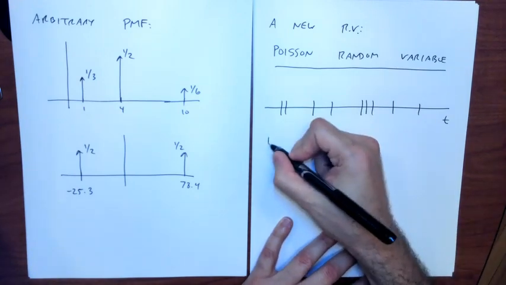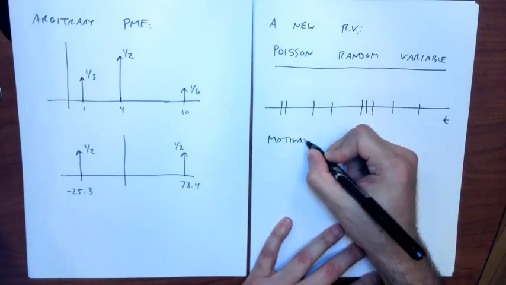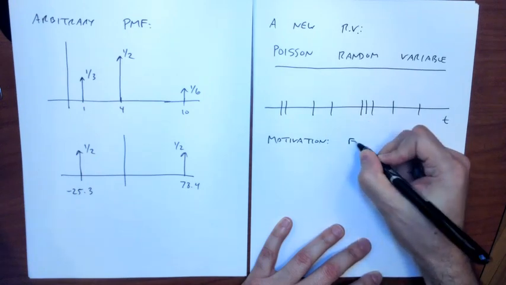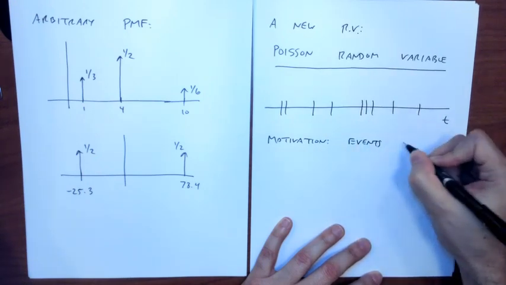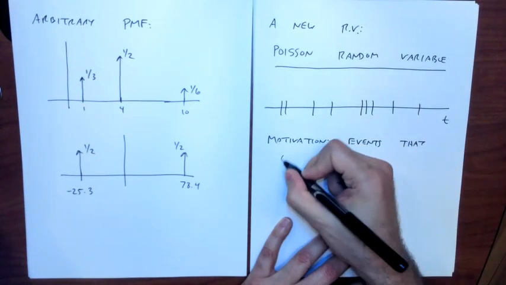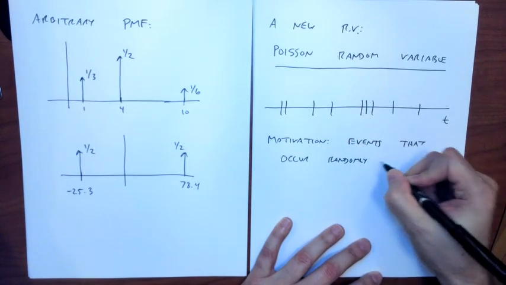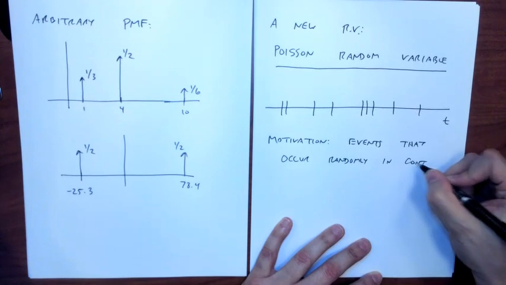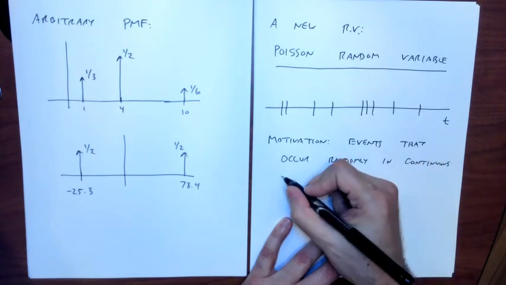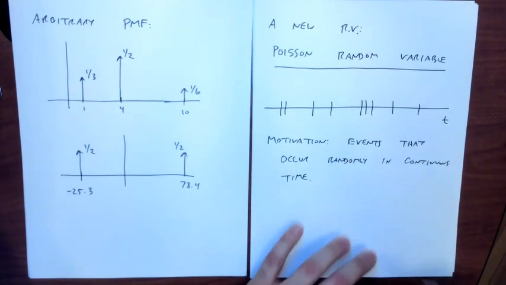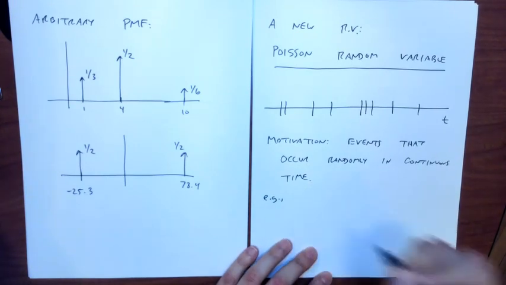So the motivation is events that occur randomly in continuous time. And just for the sake of posterity, let me write down a couple of those things.